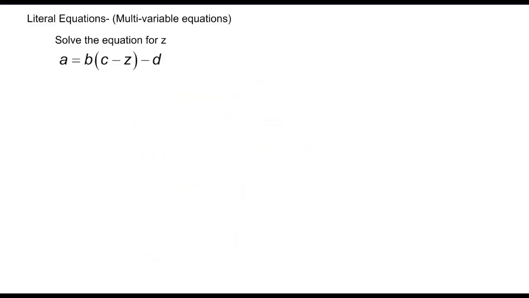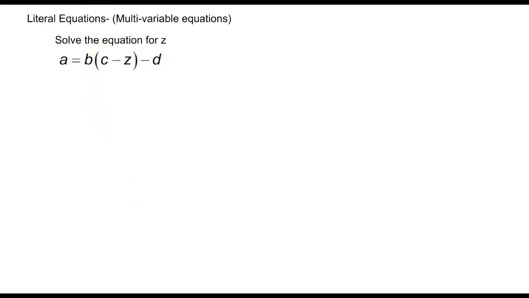So literal equations are basically multivariable equations where you're solving for a variable rather than looking for a numerical answer. We're going to get an expression as our answer. In this case, they want us to isolate the variable z.